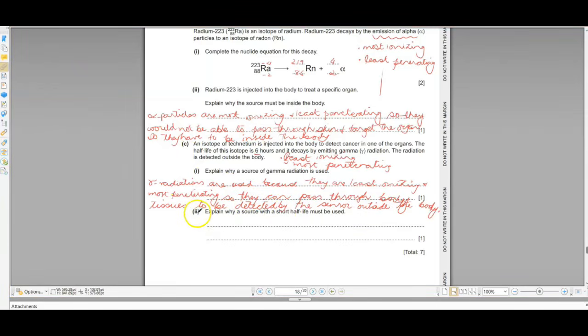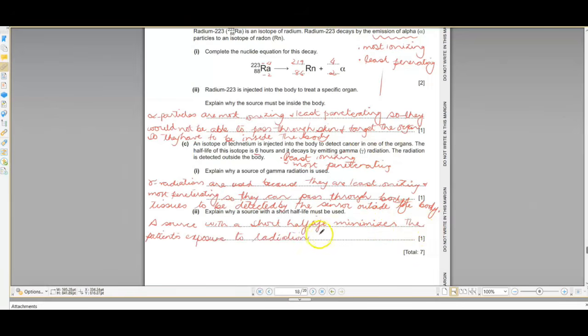Okay? Part 2 states: explain why a source with a short half-life must be used. Obviously, the reason is that a source with a short half-life minimizes the patient's exposure to radiation. It's going to finish up real quickly. So it minimizes the patient's exposure to radiation.